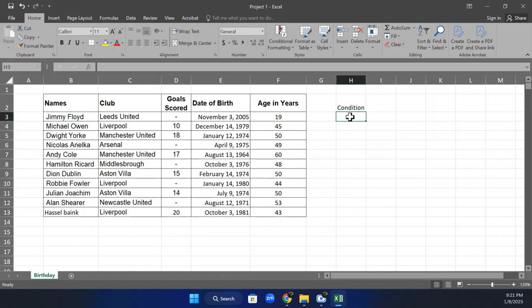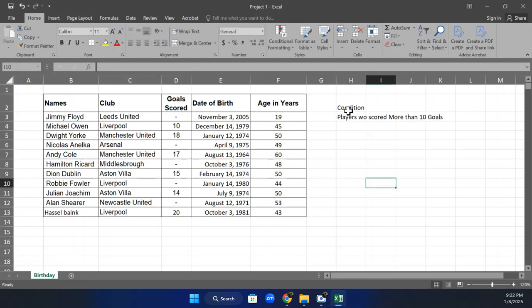We need players who scored more than 10 goals.